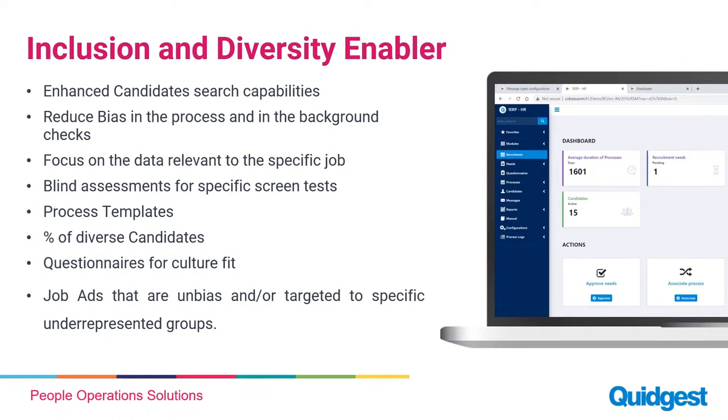To ensure that you will be more diverse in the future, recruitment is key, but inclusion is also important, by using the software to ensure, for example, the cultural fit with your organization.